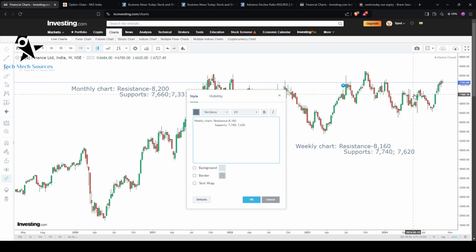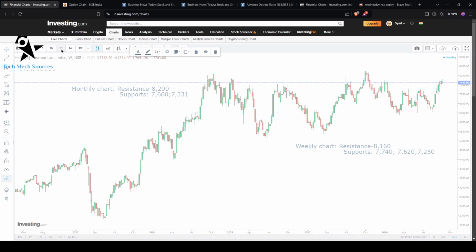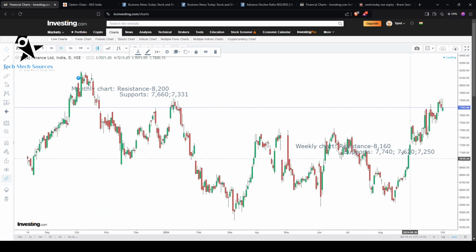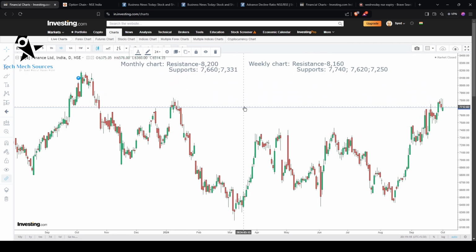Yes, we have a bigger support down here, 7,249, 7,250. Deep down, 7,250. This is the weekly chart. Okay, what about the daily chart? We'll discuss the daily chart as well. So monthly chart, weekly chart, and the daily chart.